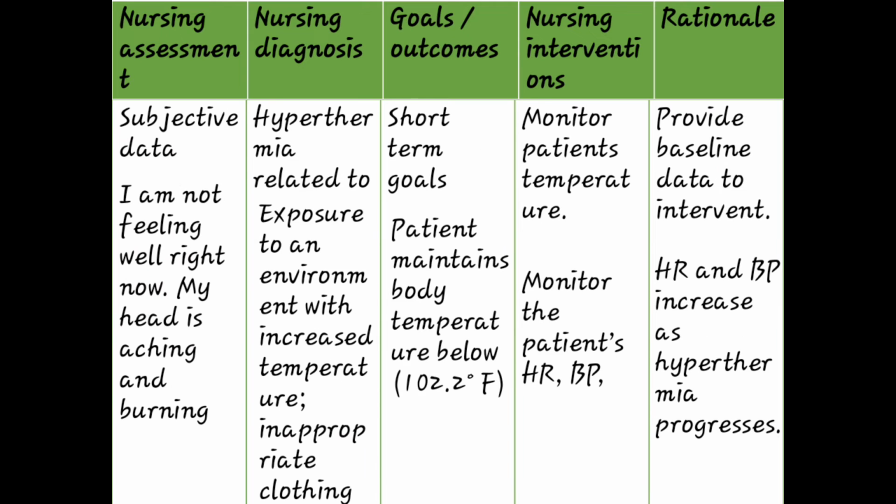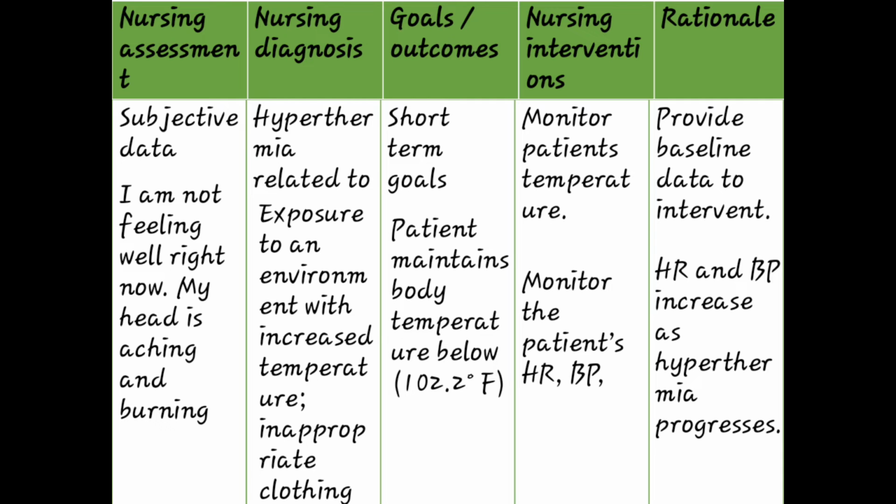Okay, so we have some goals or outcomes, because if we are planning an intervention for the patient, in our mind we have some goals or possible outcomes. We can write them as short-term goals and long-term goals.